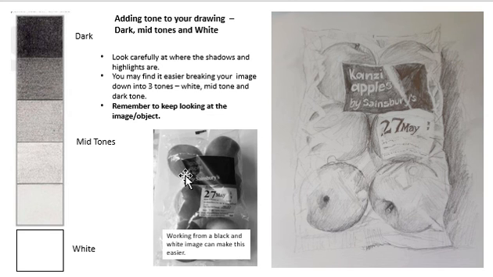So you would then get your pencil and start colouring in those tones. Sometimes it's easiest to start with the darkest tones. Sometimes I like to just start with the dark tones, colouring those in, and then start colouring in your mid-tones, and you can just leave the white areas white. You don't have to colour over those areas.